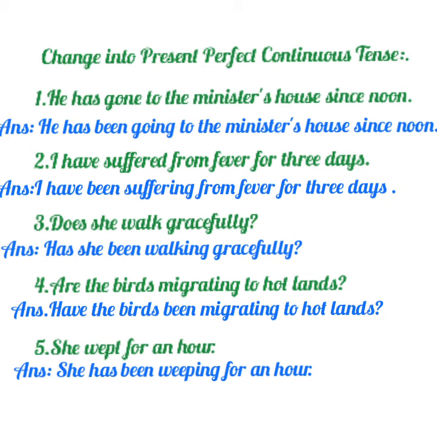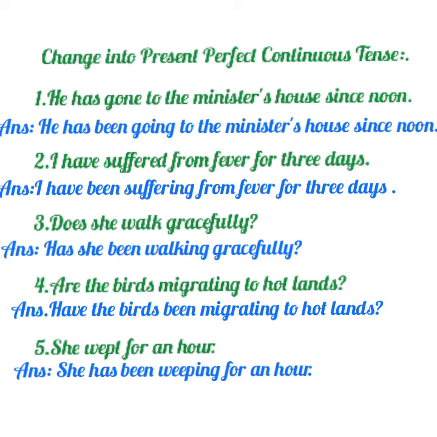Here the subject is the birds. This is plural form, plural noun. So we have to use with have, H-A-V-E, have. Have the birds been migrating to hot lands? Question mark again.